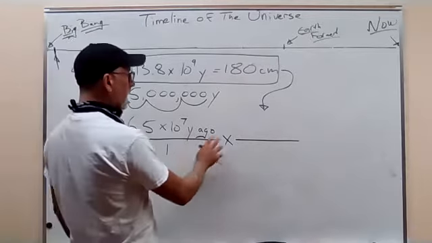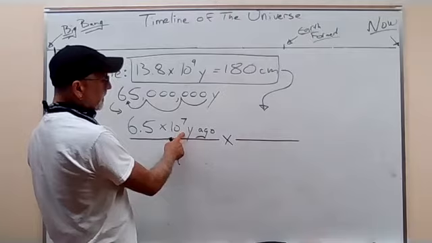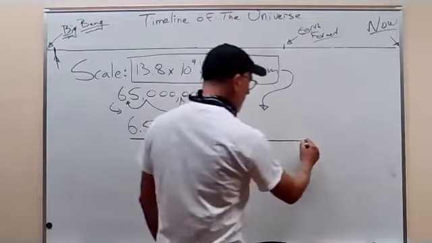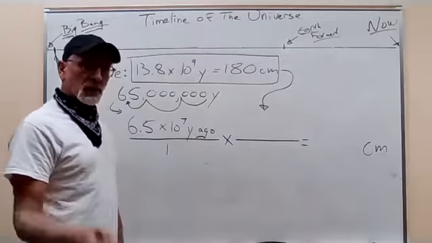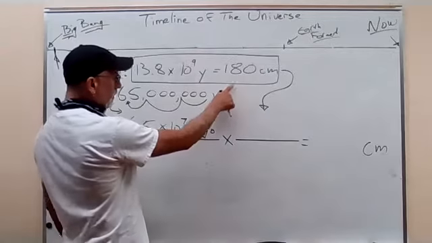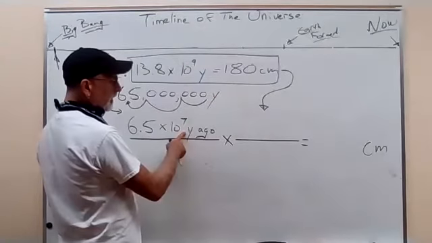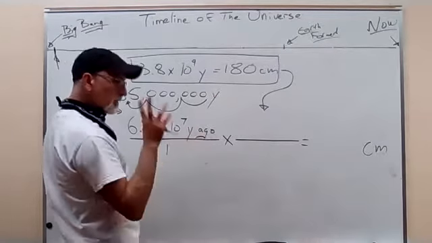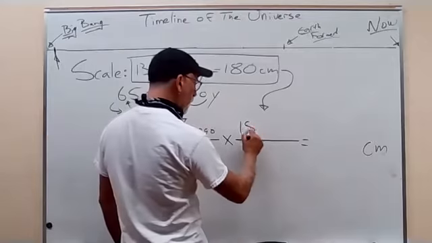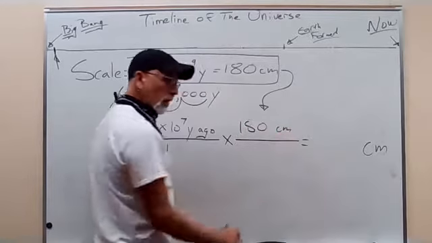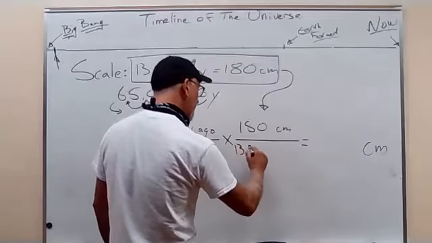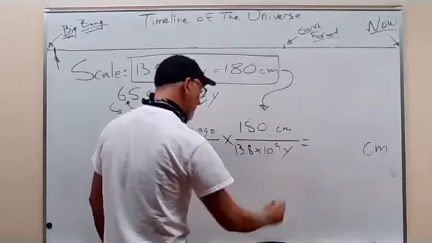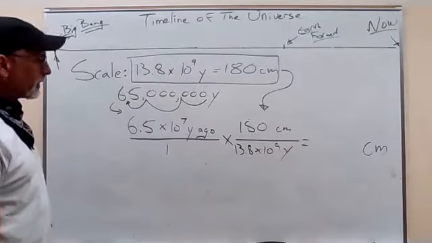Now I've got years on the top here. I'm trying to get an answer that's in centimeters, so that I can measure on my timeline. In order to get rid of years and get a number that's in centimeters, I have to put 180 centimeters on the top, and I need to put 13.8 times 10 to the 9th years on the bottom.